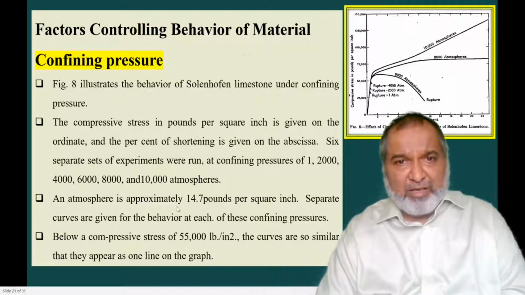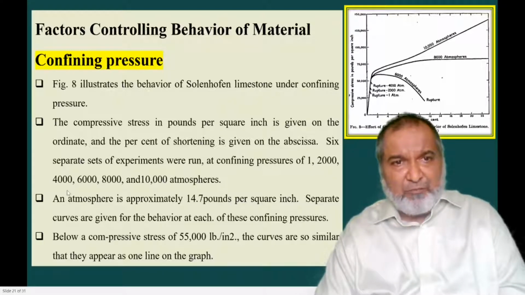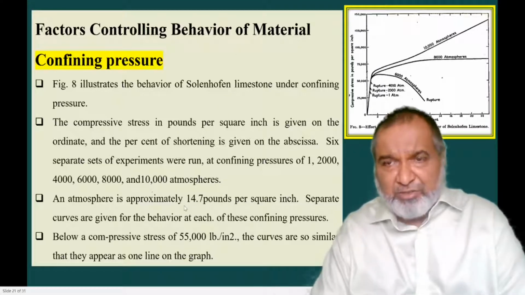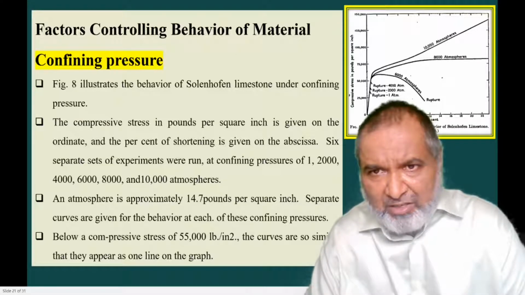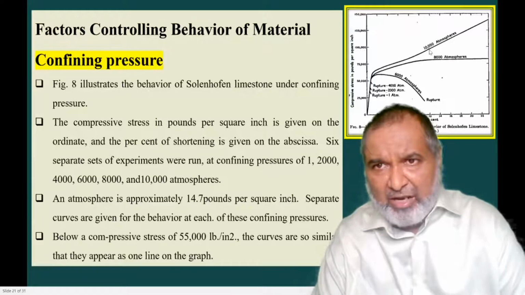Atmospheric pressure is 14.7 pounds per square inch. Separate curves are given for the behavior under such conditions. Here, 6 separate sets of experiments have been run: one at atmospheric pressure, then 2000, 4000, 6000, 8000, and 10,000.